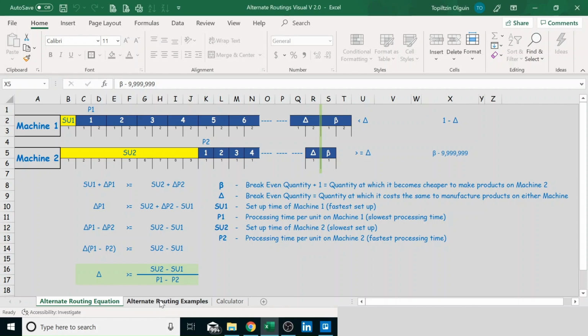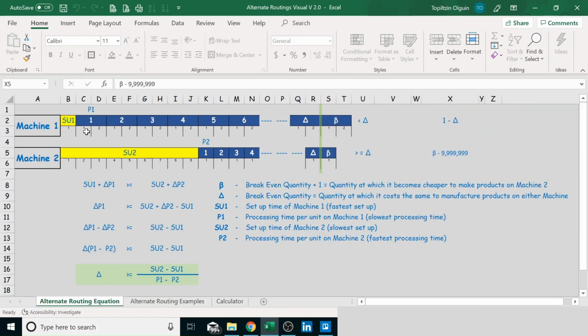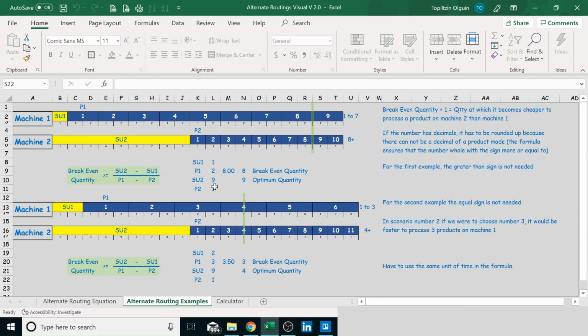Let's look at a couple of examples here. The first example uses the same numbers, the same units of time as our first tab, which is 1 minute setup time, 2 minutes processing, 9 minutes setup time, 1 minute processing. So 1, 2, 9, 1. When we substitute all these numbers in our formula, we end up with 8, even 8.